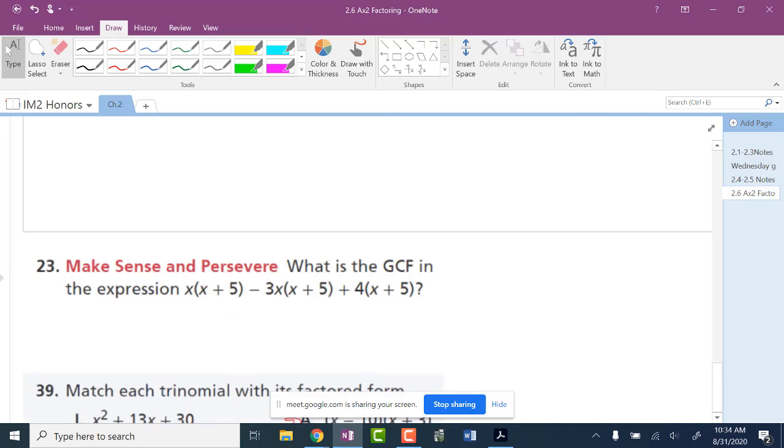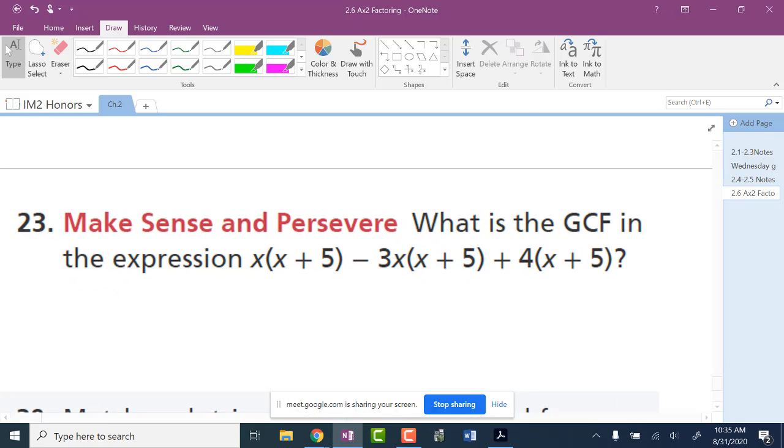So yeah, hopping around here for questions. This coincides with understanding the GCF of these 3 terms. You could treat this as a term. That's a term, and that's a term. 3 terms.